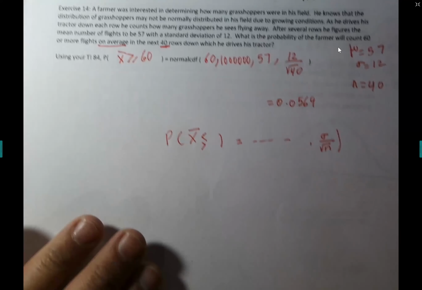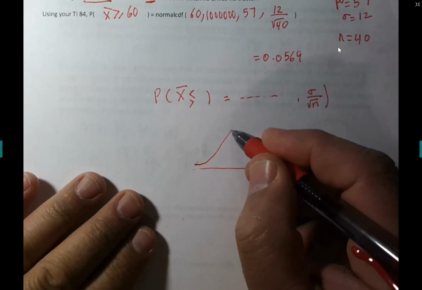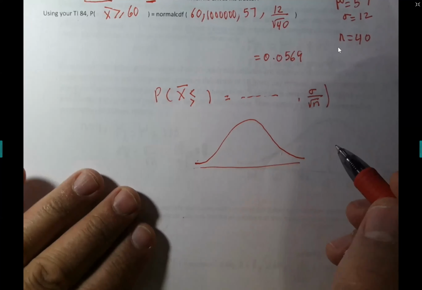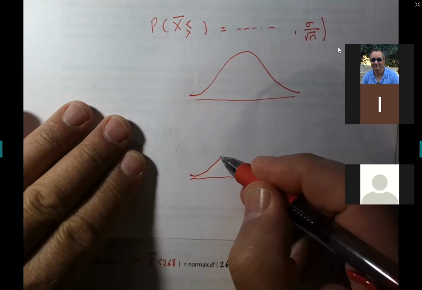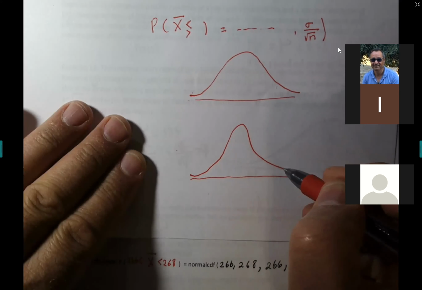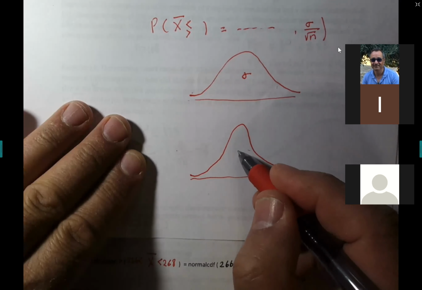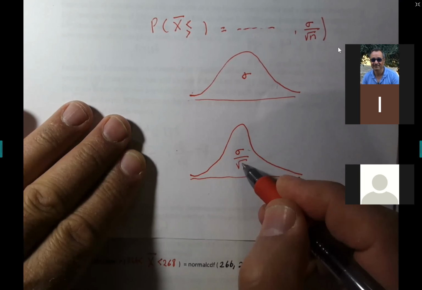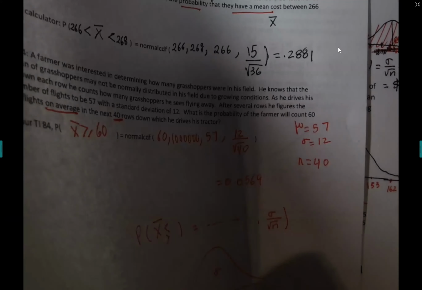So in other words, if the population of X, just the original population, looks like this, the distribution of the sample mean looks like that. This is a narrower curve. It has a smaller standard deviation, which is called sigma over square root of n. So always the case. We'll get to do some more exercises anyway in a little bit.